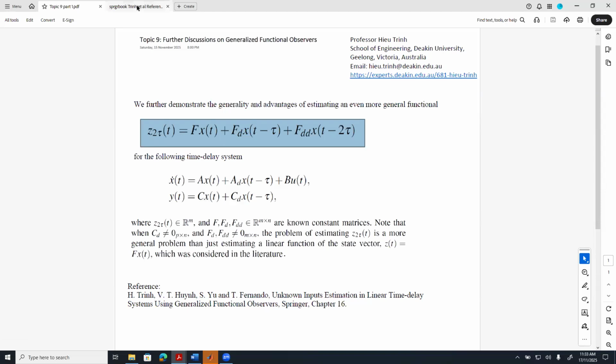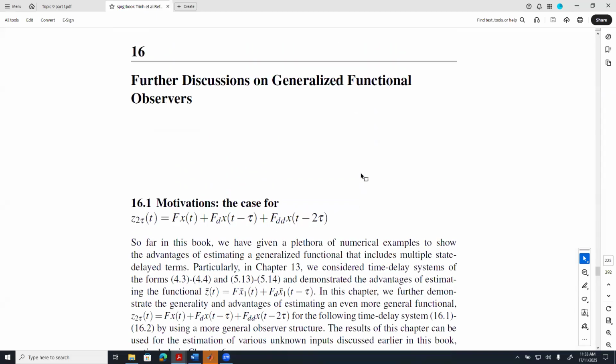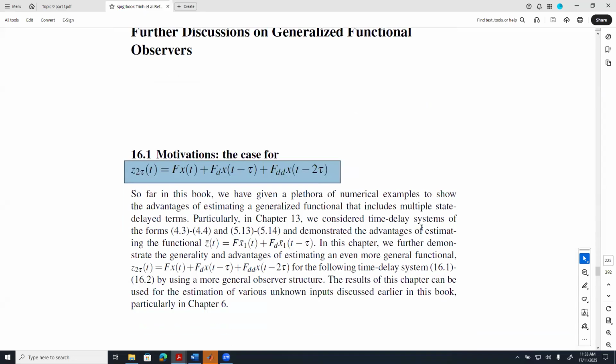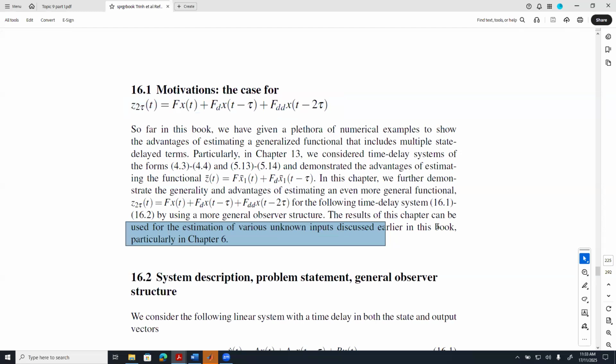So we go straight into chapter 16. That's where we provide further discussions on the generalized functional observers for this generalized functional. And it's mentioned in here that the results are used for the estimation of unknown inputs, where the situation we have is the output measurement vector is actually being delayed.